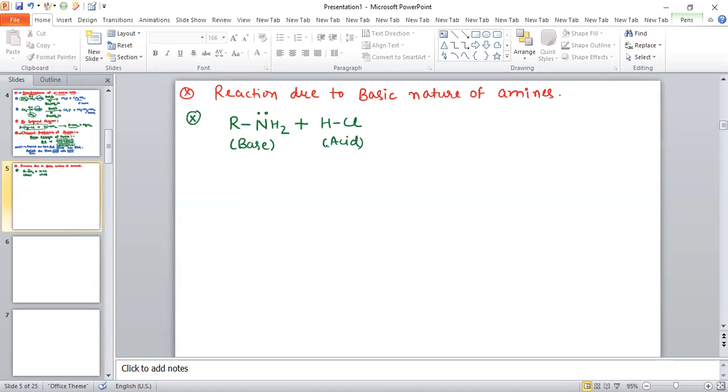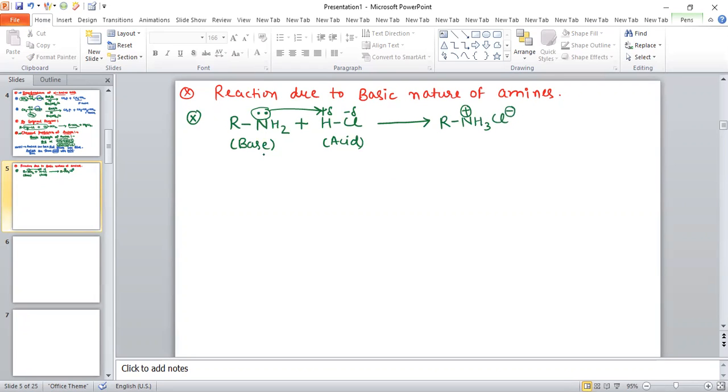When an acid and a base react, a salt is formed. The chlorine has a partial negative charge and the hydrogen has a partial positive charge. So this lone pair of electrons will attack the H positive. When it attacks, it forms R-NH3 positive and Cl negative.